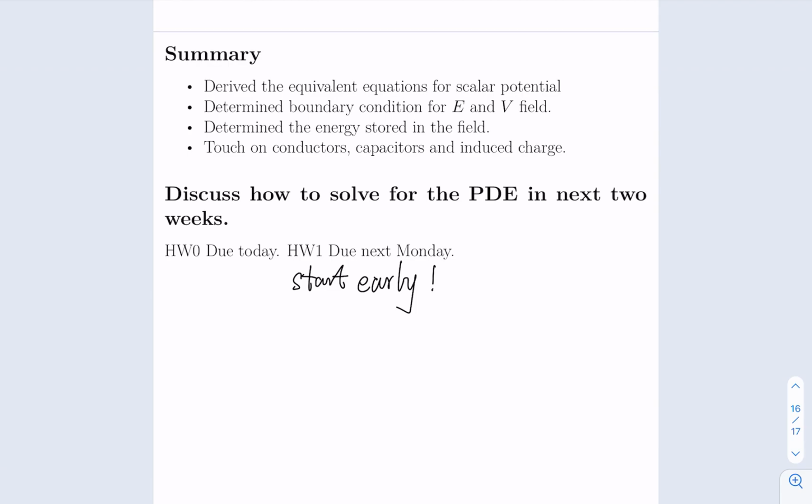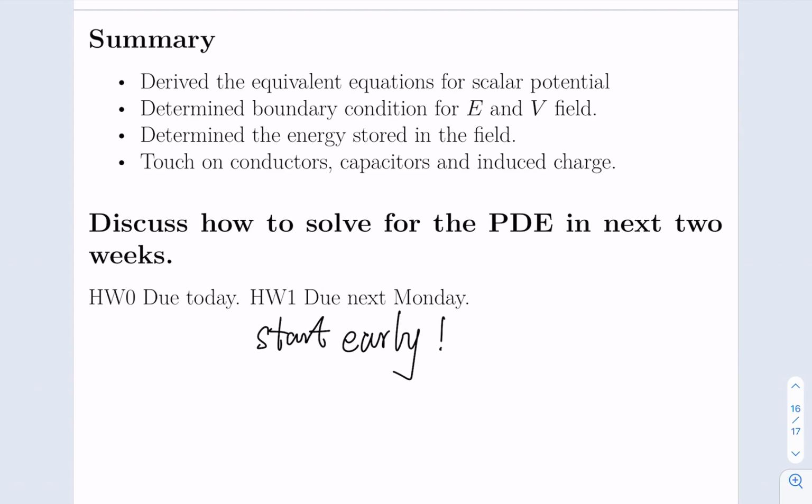So now, to summarize today's lecture, we derived some of the equations for the scalar potential. Do you still remember the name of these equations? Like, what's the equation for the scalar potential? If you don't, then you need to look this up. For a general expression, it's called the Poisson equation.